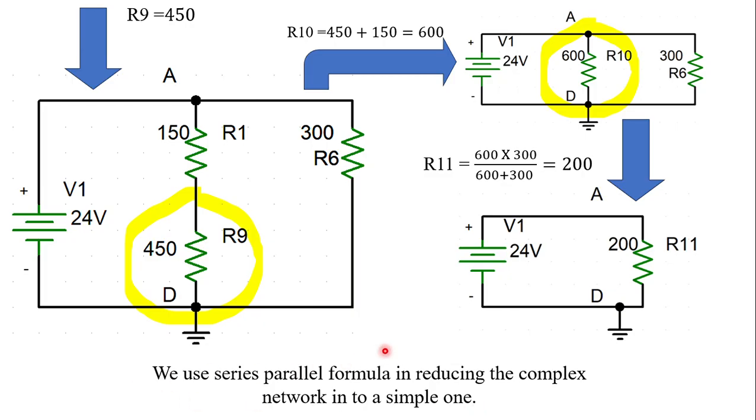At the beginning it looks very complicated, but when you see it from the point of simplification, all of it can be reduced into a single value by using the series-parallel formula, so you can reduce the complexity of the network into a simple one.